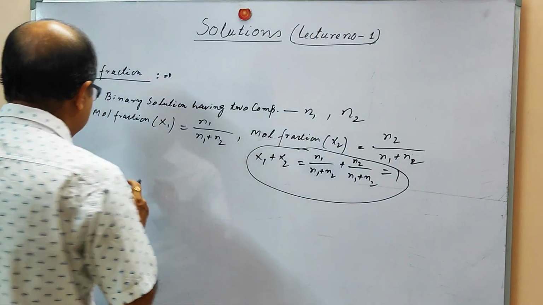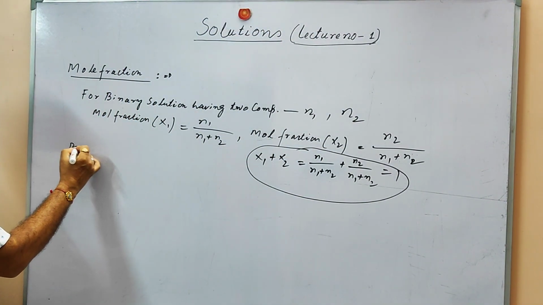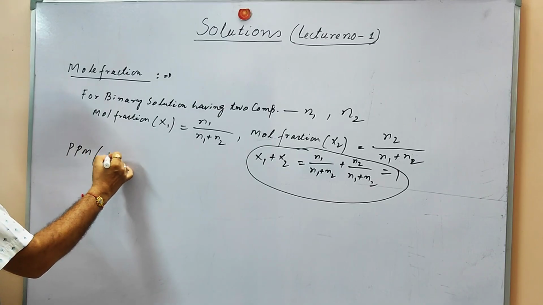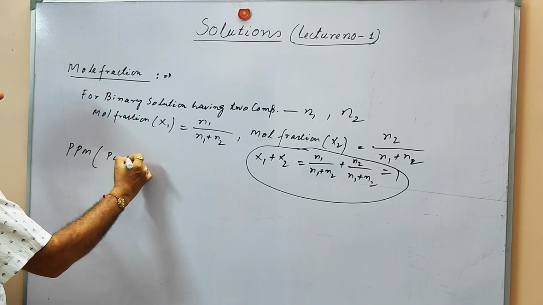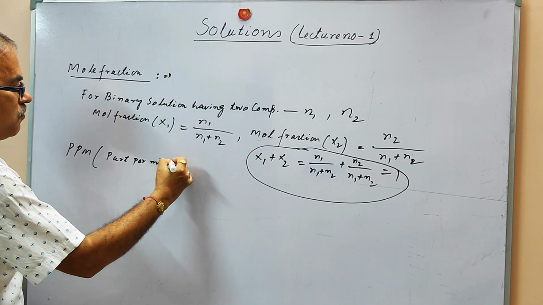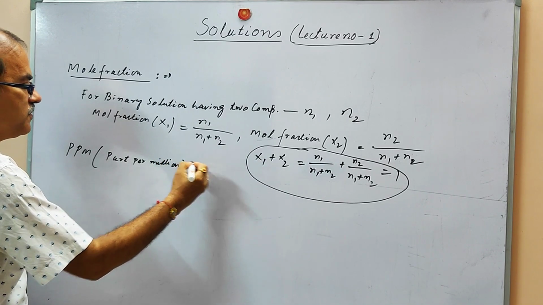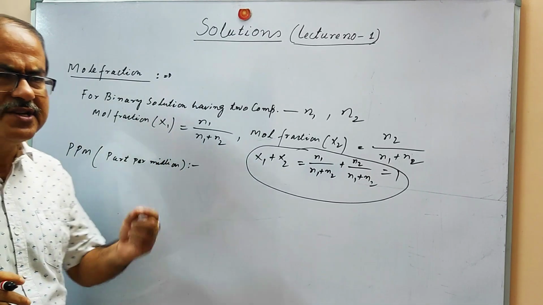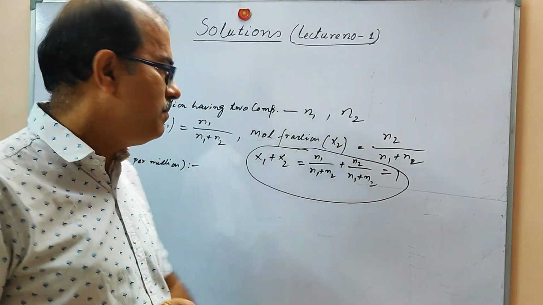Second, and the last that we will use, is PPM. PPM is called parts per million. It is used when the solute present in the solution is a very trace amount, very little.